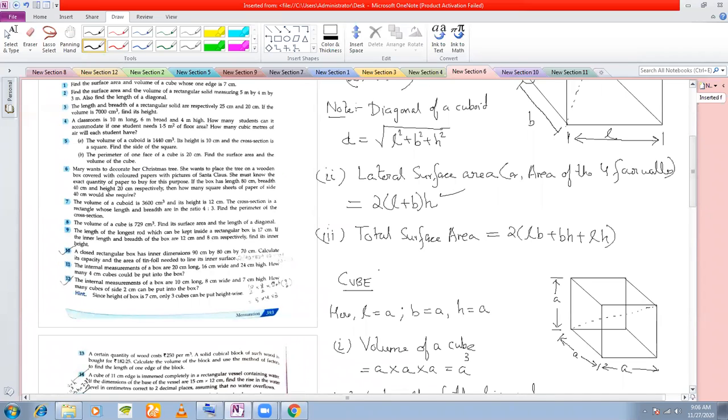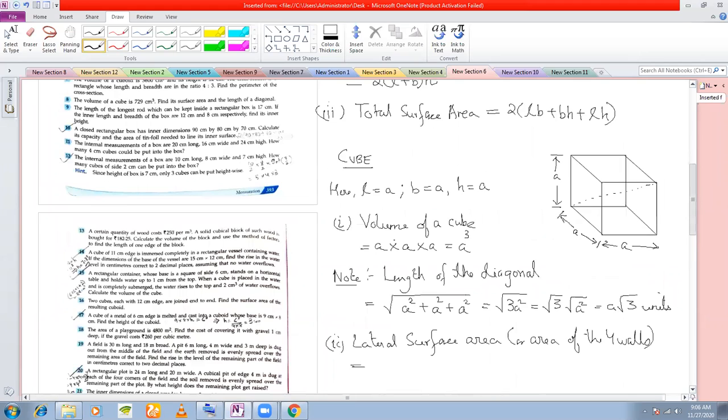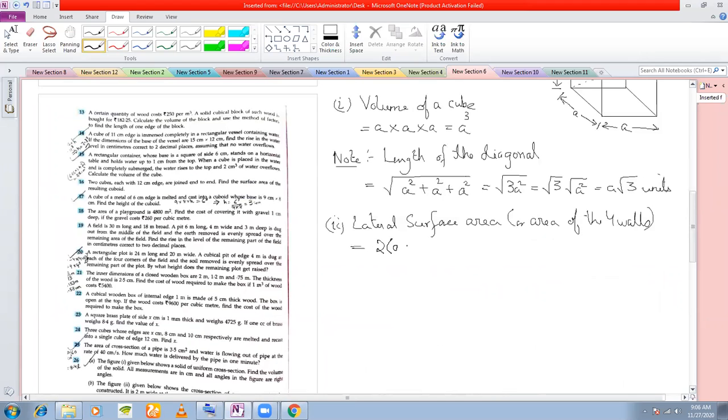Twice (L plus B) into H. So you put L is equal to A, B is equal to A, H is also equal to A. So what do we get? Twice (A plus A) into A. So you get twice of 2A into A, which is 4A square. Okay, remember the formula. You don't need to derive each time. And if you are asked what is the lateral surface area of a cube, directly you must be able to say 4A square.